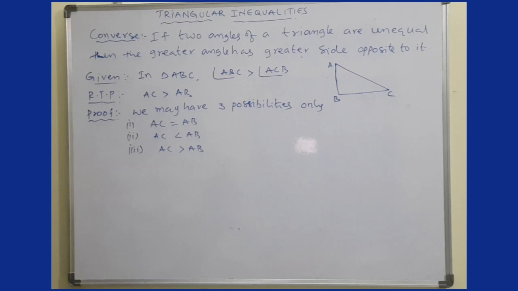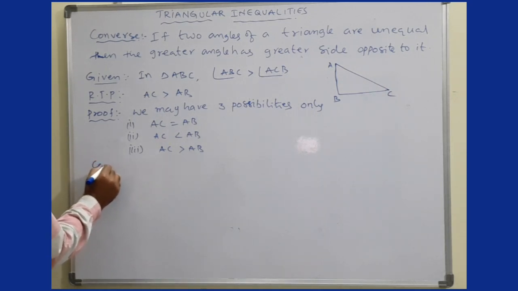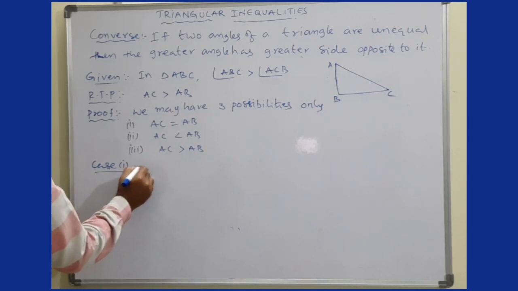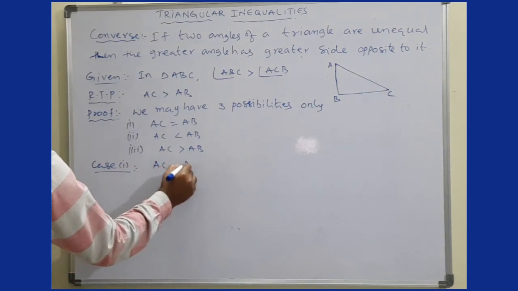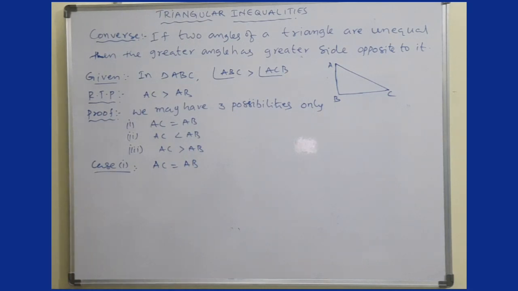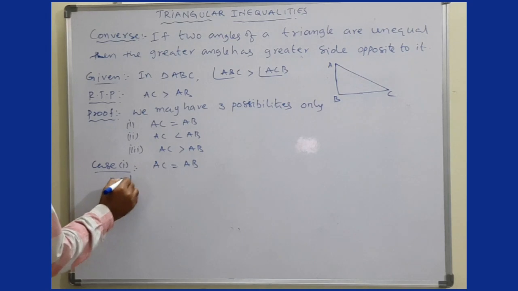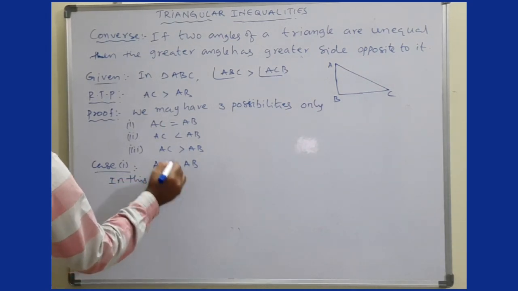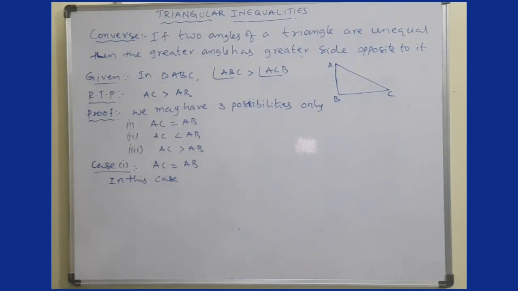So let us see case 1. What is case 1? AC is equal to AB. What happens if AC is equal to AB? Then the sides are equal. Just now we proved that equal sides have equal opposite angles.